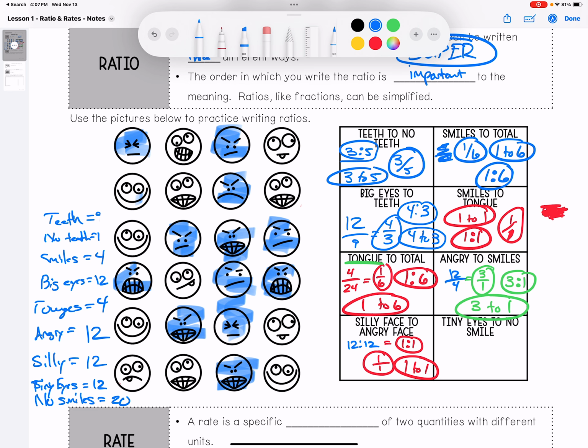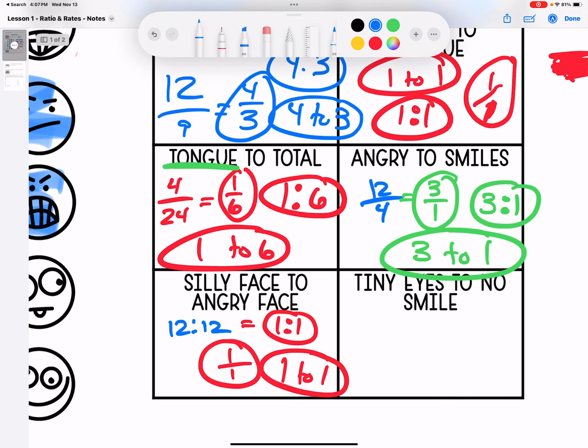Tiny eyes is actually 10. These aren't supposed to be tiny eyes, the ones I just erased. All right, so tiny eyes was 10, no smile was 20. Those will simplify. Both will go into 2, and you get 5 over 10. They'll simplify even more. 5 will go into both of those, and you end up with 2 tenths.